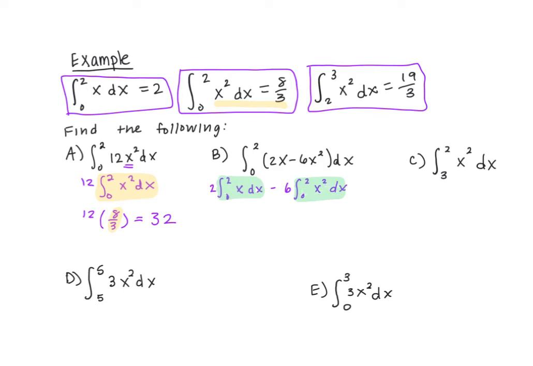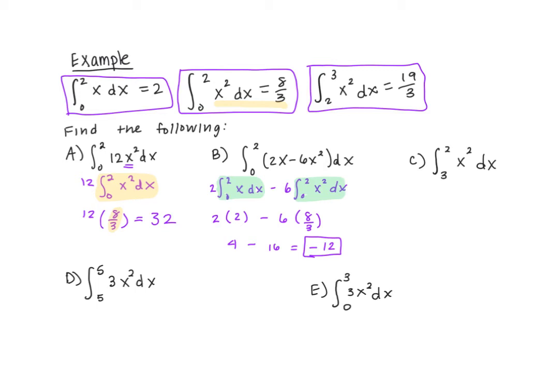So I've got 2 times 2 minus 6 times 8/3. So we've got 4 minus 16, which is -12.